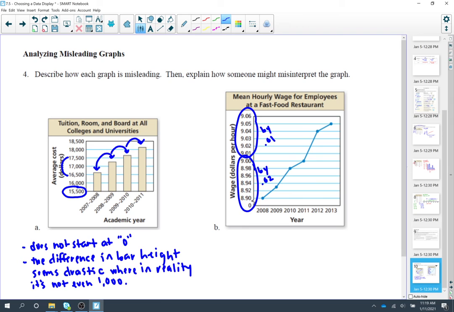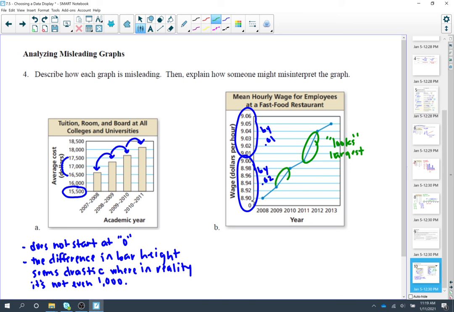So if I'm looking at this, I'm probably looking from 2011 to 2012, and this looks the largest. So it looks like from 2011 to 2012, we got the largest wage increase. But keep in mind, this is only going up by 0.01.